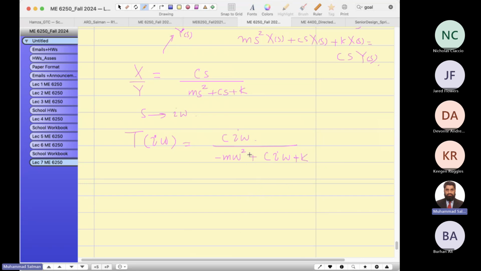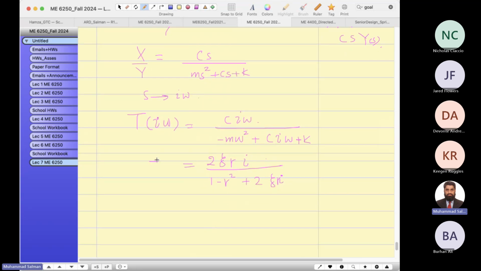Now you just tweak a little bit. You can take the square root of k over m here. If you do the math, when you go home, this should be the answer. This is in terms of a complex number.